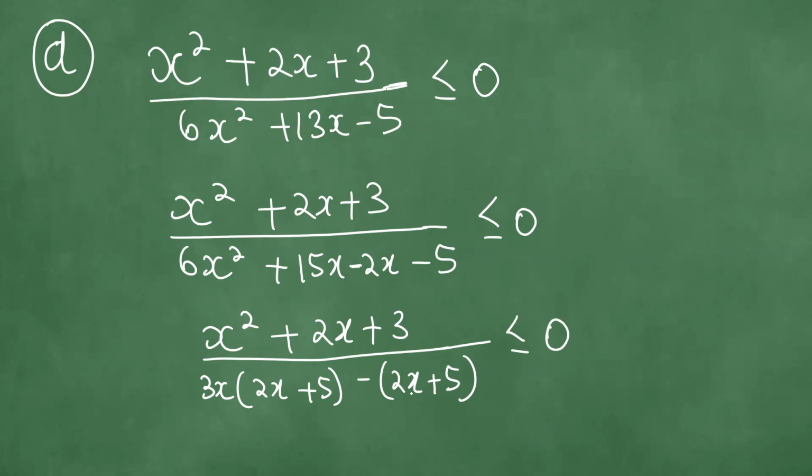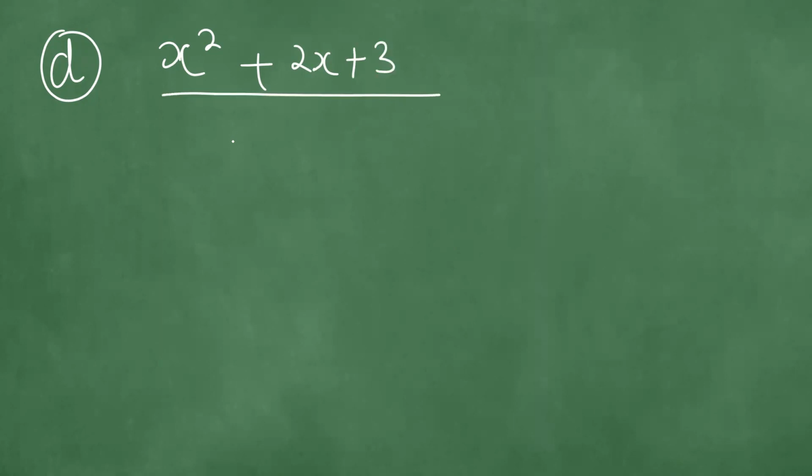Now, twice x plus 5 is a common factor, meaning we focus on part D. The numerator remains exactly x squared plus twice x plus 3, divided by, we pull out the twice x plus 5 as a common factor in the denominator of this rational inequality.